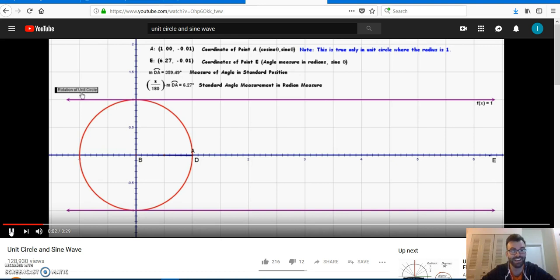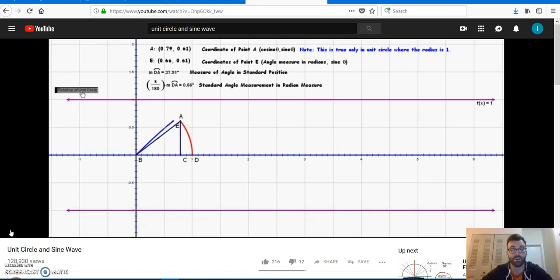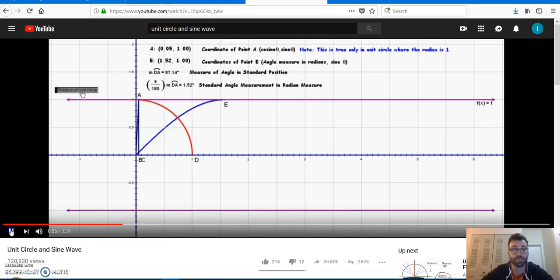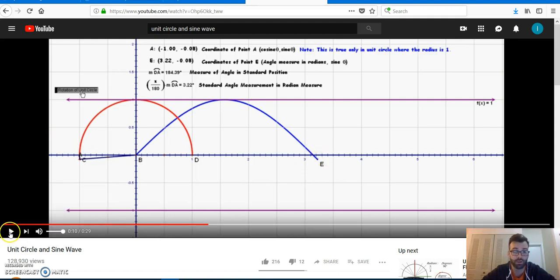As I rotate the unit circle, as our unit circle goes up to pi over 2 here, our sine curve goes to 1. As it comes back down to pi, our sine curve hits 0. This is about 3.14.